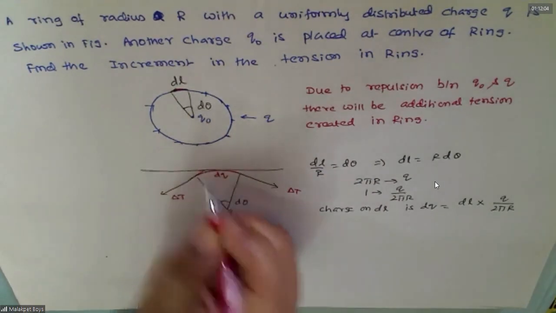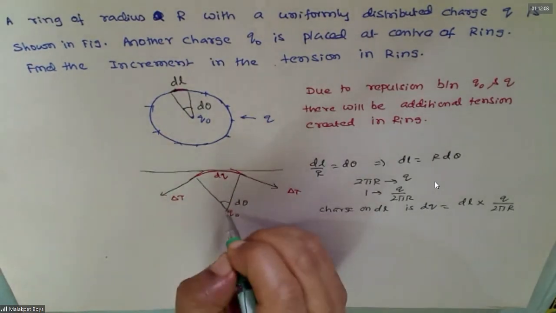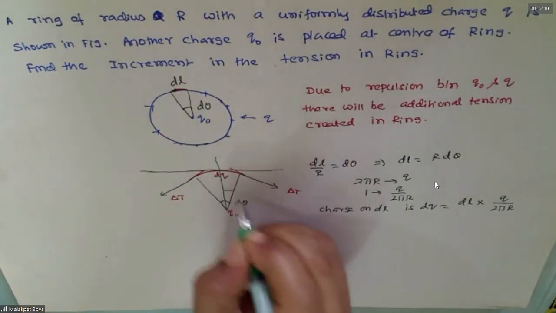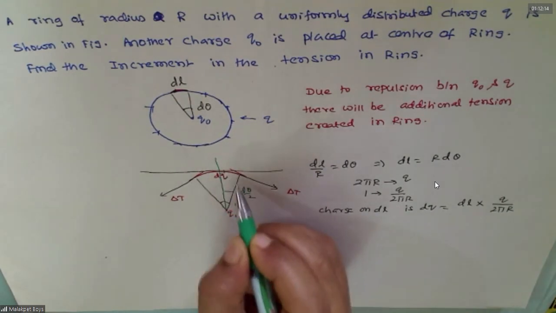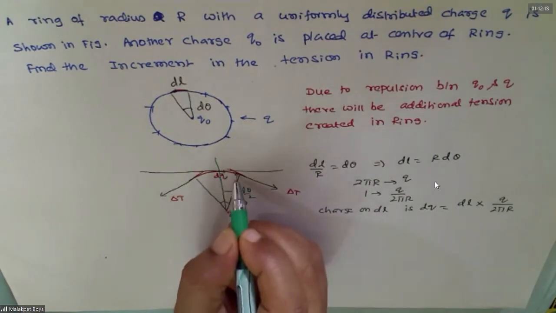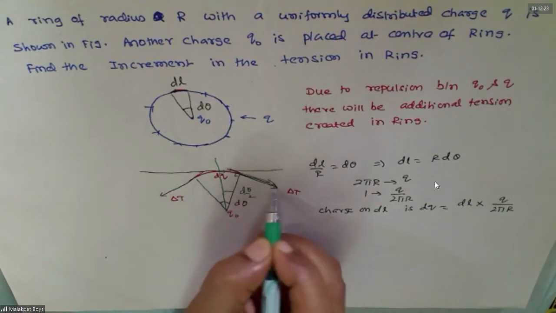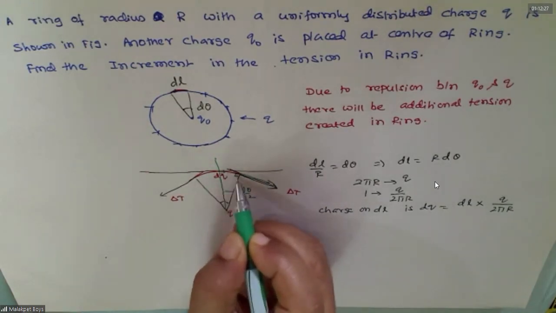You follow carefully. If you draw a perpendicular, this will be d theta by 2. This is 90. This is also 90 now because it's a radius and this tangent. This is d theta by 2. These together make 180, no?